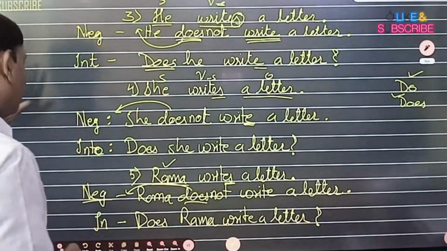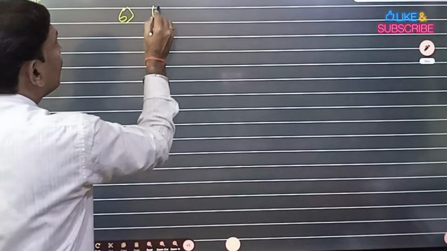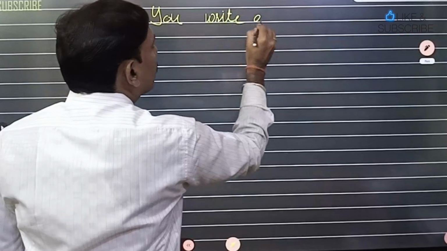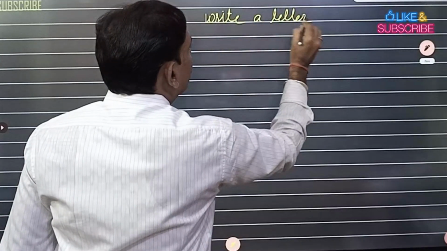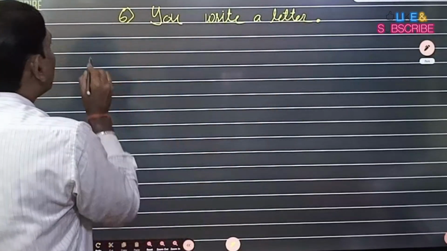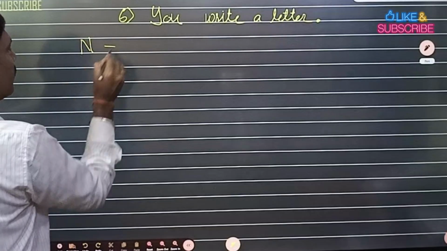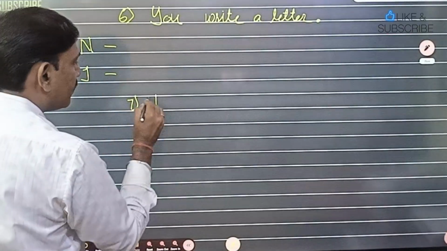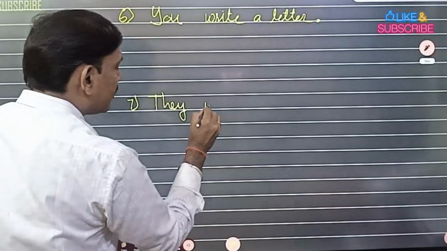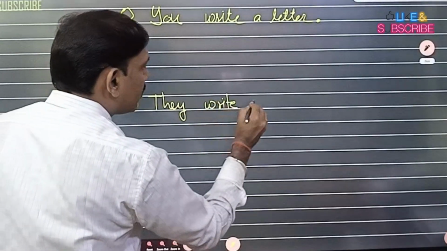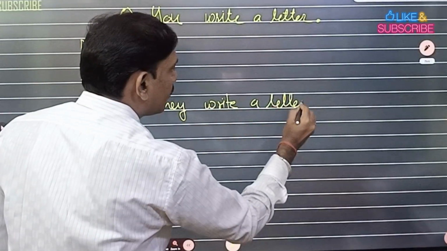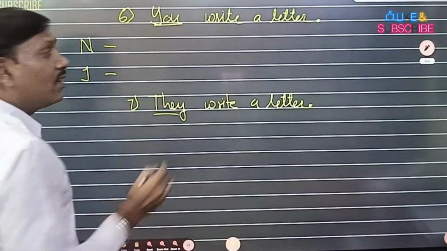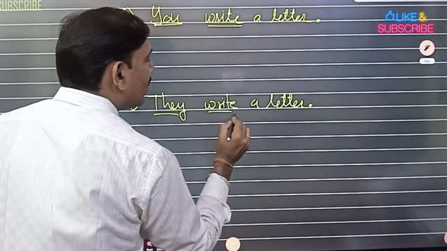Now see, students, here. Next example, you write a letter. Now how to make negative and interrogative? Now here, the seventh one, they write a letter. I am taking various subjects so that you will understand the form of the verb that we are using.